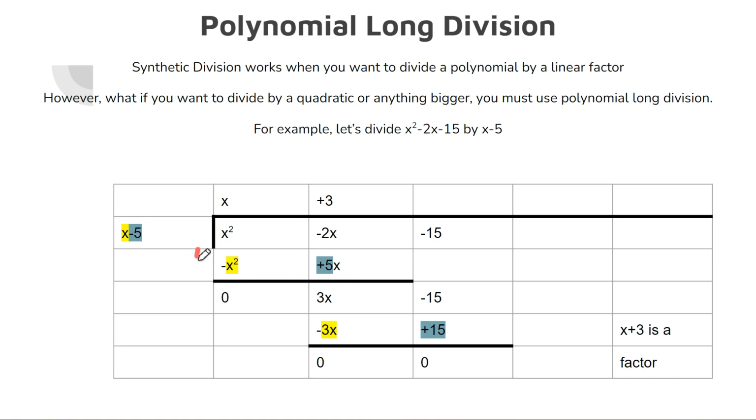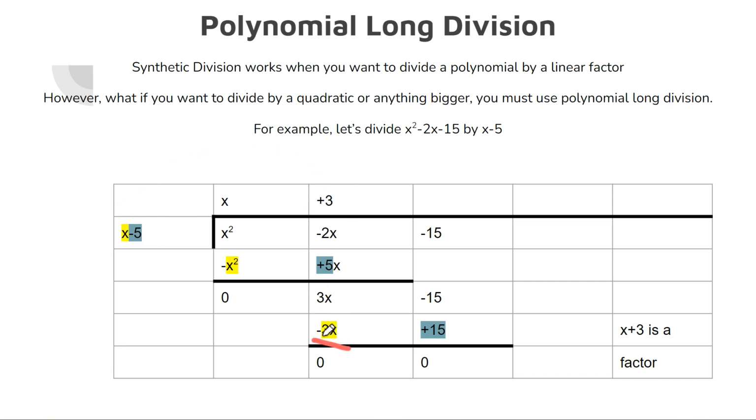Now you add what's left. x squared minus x squared is 0, which should happen. You should get 0 here. And negative 2x plus 5x is 3x. Now, just like regular long division, you drop the minus 15 and you divide. 3x, this term, goes into this x 3 times. So we write plus 3 up here. Then we multiply the 3 by this. 3 times x is 3x.